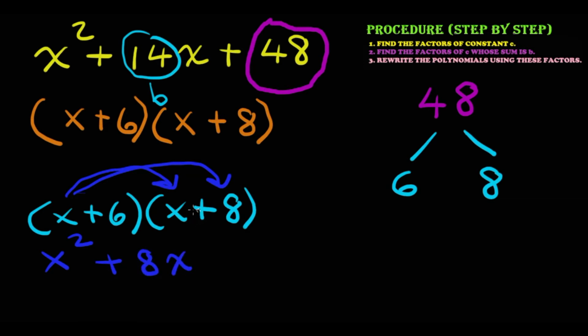And then we're going to do the same thing with the 6 and distribute it. So we take 6 times x, and then 6 times 8. Okay, so 6 times x is going to give us 6x, and then 6 times 8 is going to give us 48. Okay, and then we simplify.